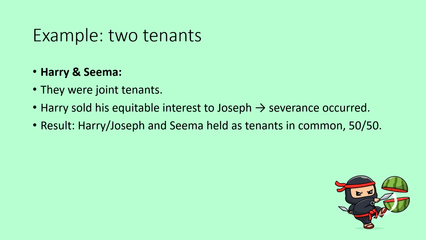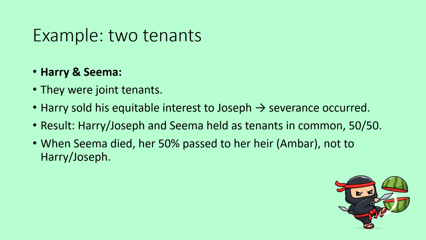So now Joseph and Zima are tenants in common and not joint tenants anymore. Because it's a tenancy in common now, the rule of survivorship doesn't apply anymore, and you can specify in your will who you want to give your share to.